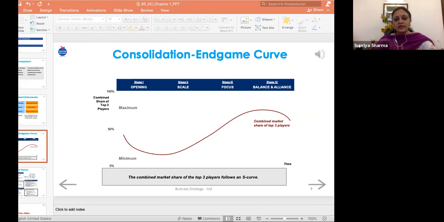So most companies won't survive to the end game by trying to stay out of the contest, or worse, by ignoring it. If we ignore this consolidation endgame curve, then the end game will not be there. Their game will end somewhere in between only. So this is the consolidation endgame curve.